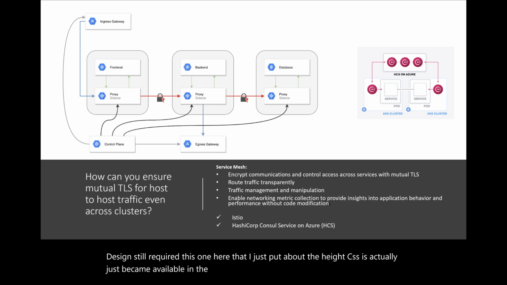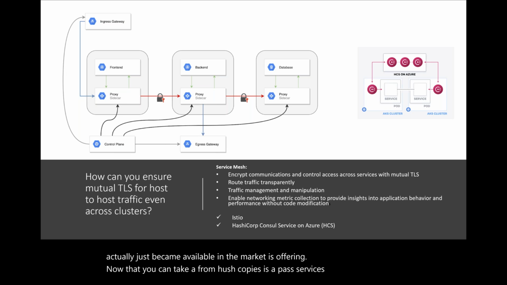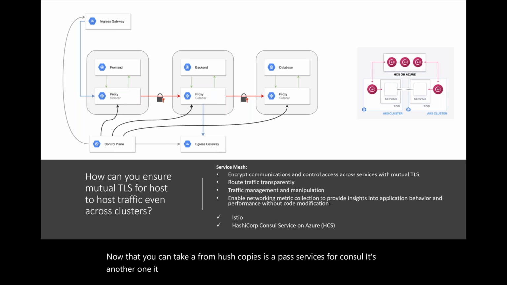It is an offering that you can take from HashiCorp. It's a PaaS service for Consul. It means you don't need to build and manage the service mesh solution. Trust me, it's quite elaborate, but again, some people would like to do things manually.